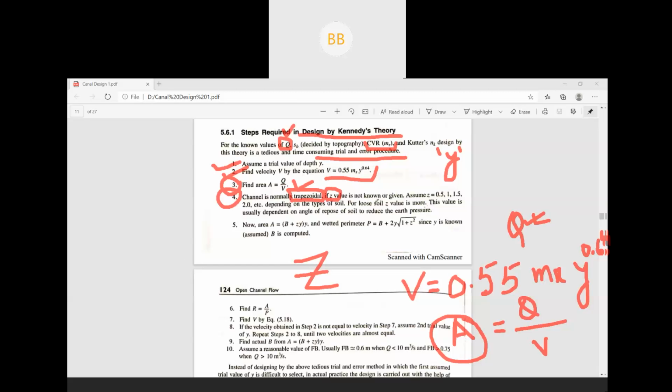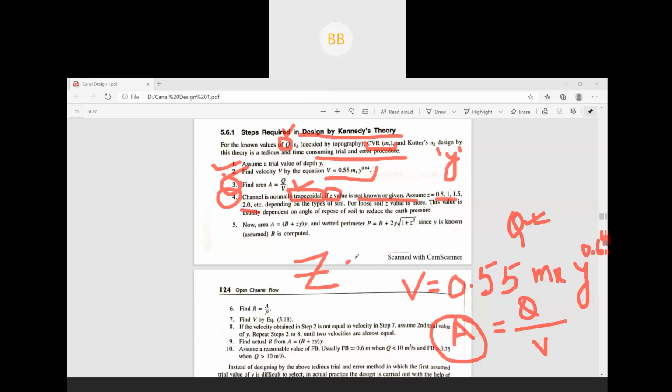So z value, if it is not known, we have to assume between 0.5 to 2.